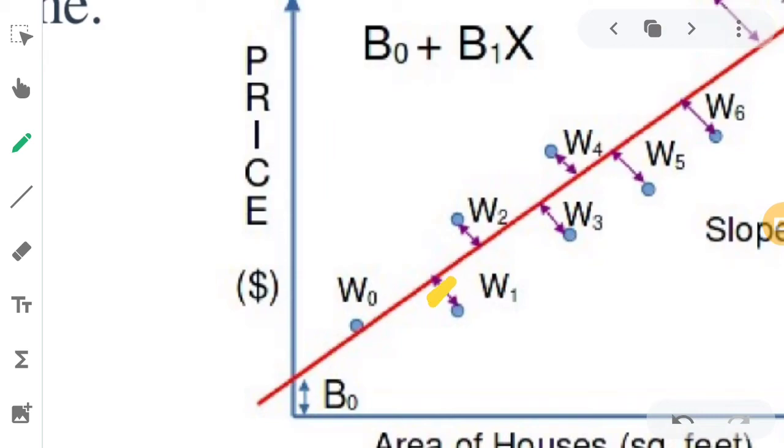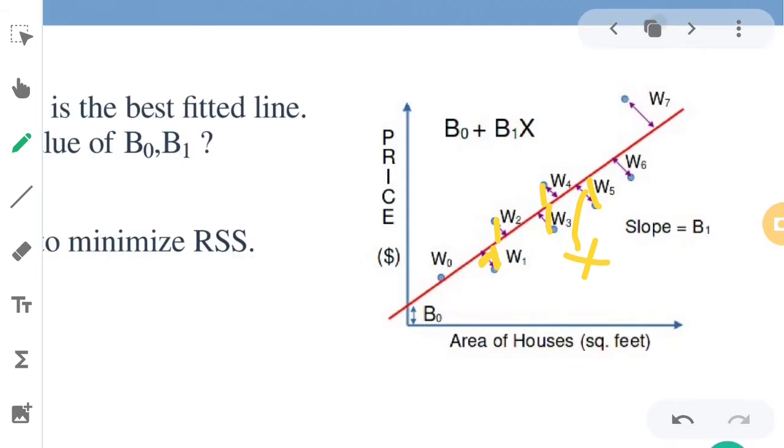This is not W1. W1 is this, this is W2, this is W3, this is W4, this is W5, and these are not. Some mistakes are there in this PPT.